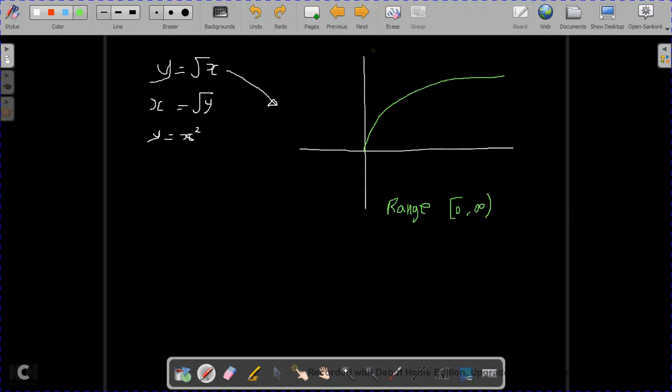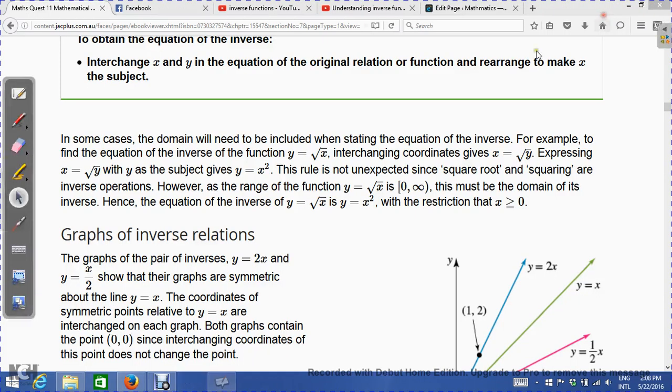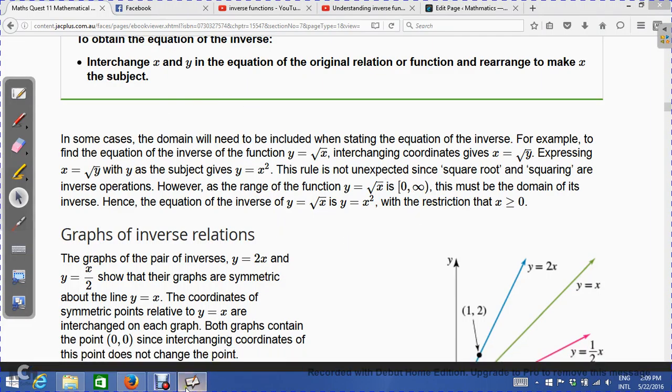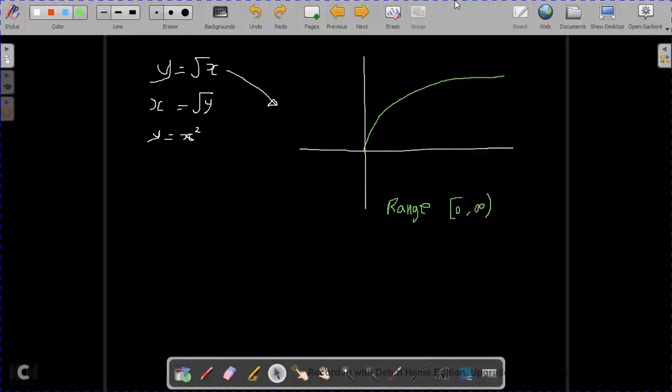Okay, goes up to infinity. Now, what this is saying is, since the range of the function is 0 to infinity, this must therefore be the domain of its inverse. Okay, so the range becomes the domain for this.